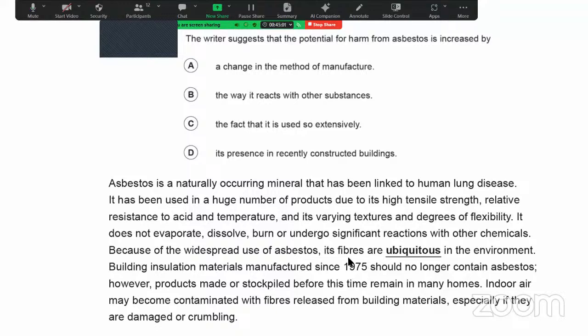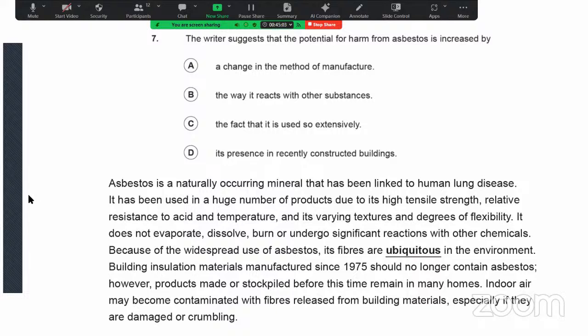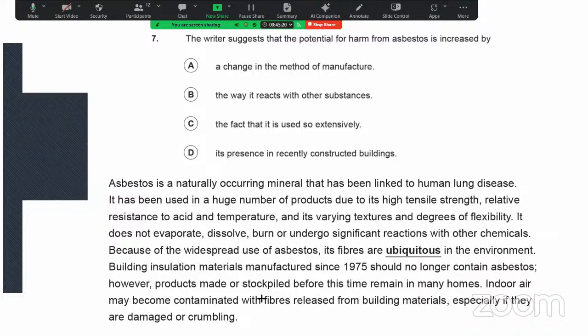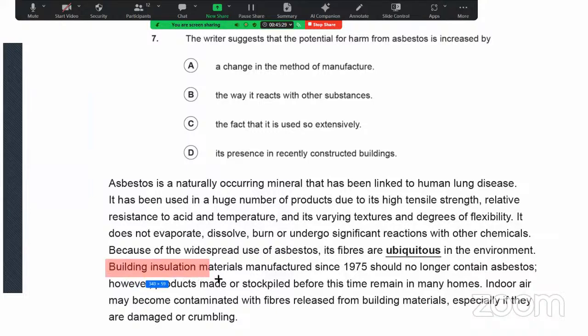Why? Because here, if you take here very carefully, now I'm showcasing this one. I told this is not the right answer, but why it is not the right answer, I'm going to explain. The sentence is here: building insulation. Red mark means danger zone.